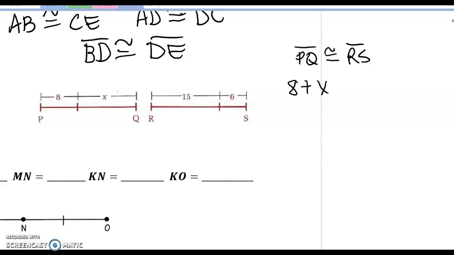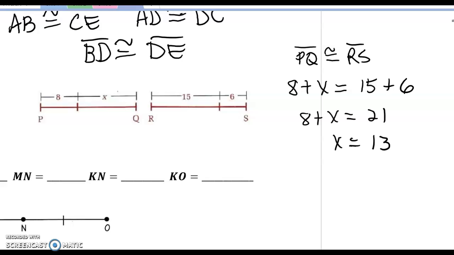We see PQ is made up of two smaller segments, one measuring 8, the other one measuring X. Put an equal sign, and then we're going to sub in the measurement of RS. Again, RS is made up of two smaller segments, one of them measuring 15 and the other one measuring 6. So after those substitutions, here's an equation that we can use to solve for X. And we get X is equal to 13.